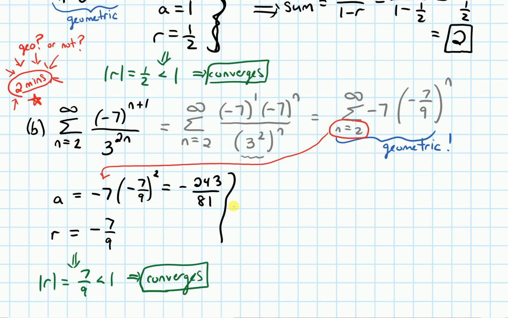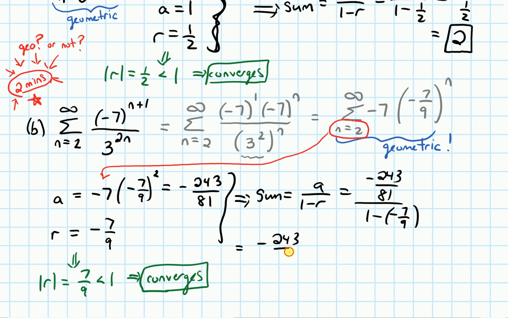So it converges, and now let's find the sum. It converges, so that means its sum is going to be a over 1 minus r. And a is negative 243 over 81, over 1 minus r. R is negative 7 over 9. Okay, so simplifying this a little bit, we get negative 243 over 81 all over 16 over 9.